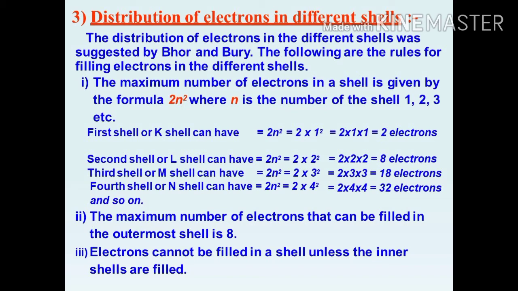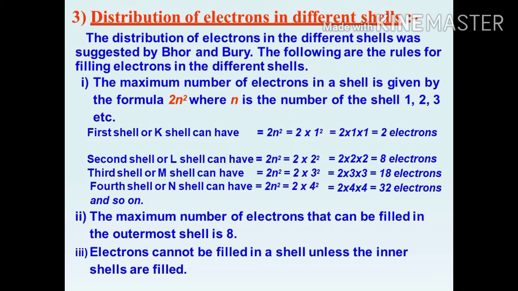The following are the rules for filling the electrons in the different shells. Now you know what a shell is. The shells are found around the nucleus of an atom. The shell is represented number-wise as 1, 2, 3, 4 and letter-wise as K, L, M, N.